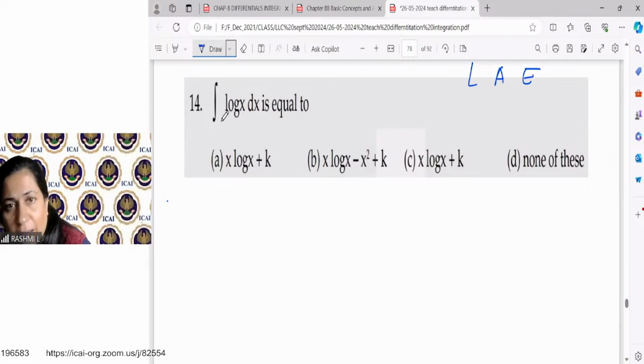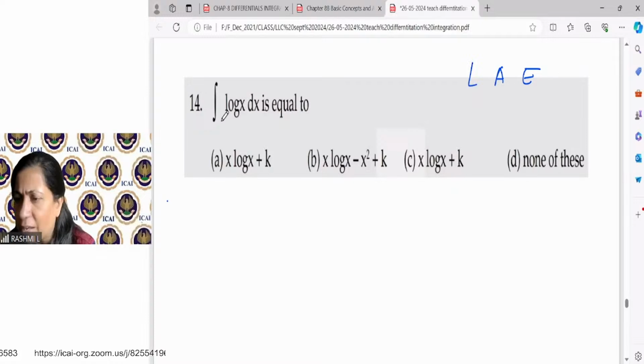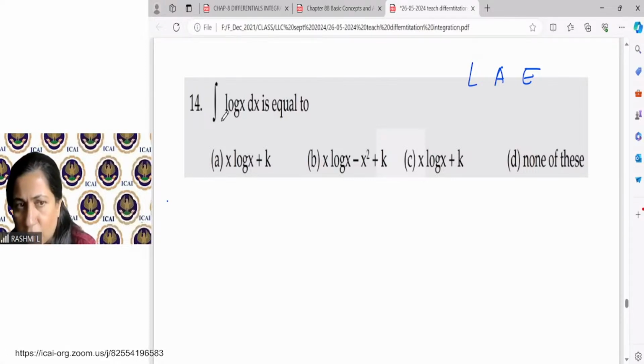There is this typical way you can even learn the answer. But in this case, I think the answer is none of these. So you could simply do this and you will get the answer. I'll just show you the method to do it.